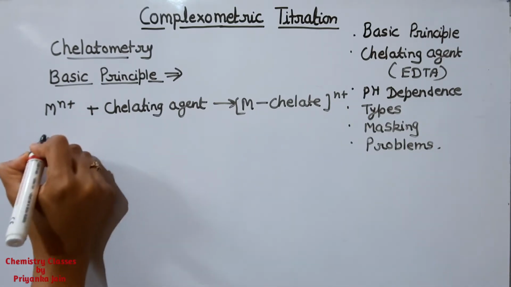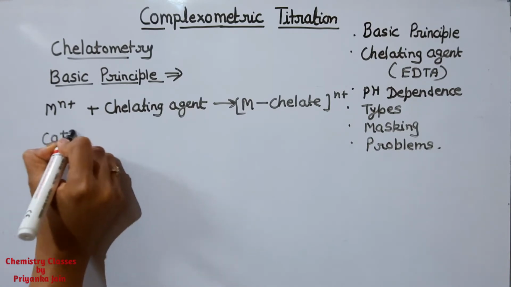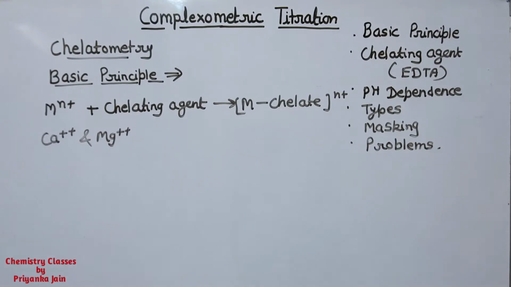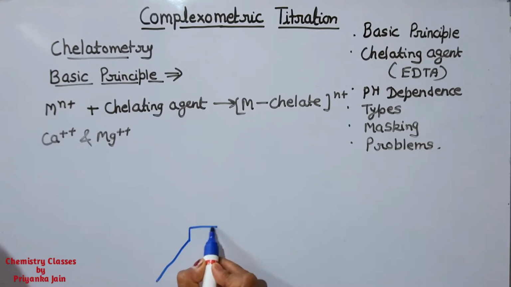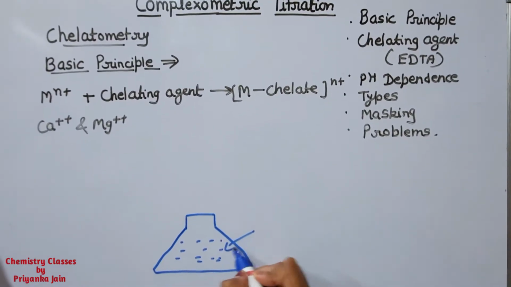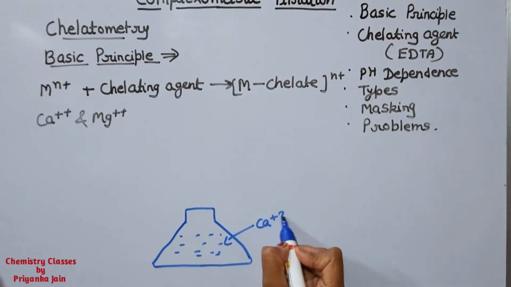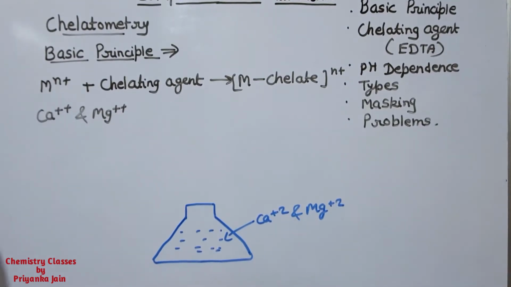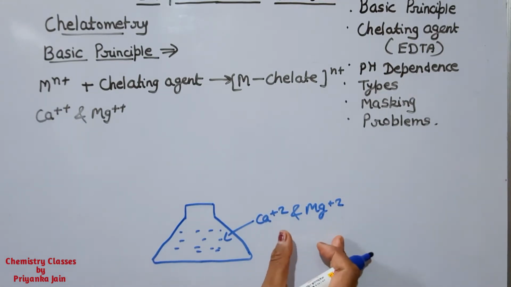Suppose we are given a mixture of calcium and magnesium ions. This is the conical flask, and in it we have a mixture of Ca+2 and Mg+2 ions that we have to analyze.